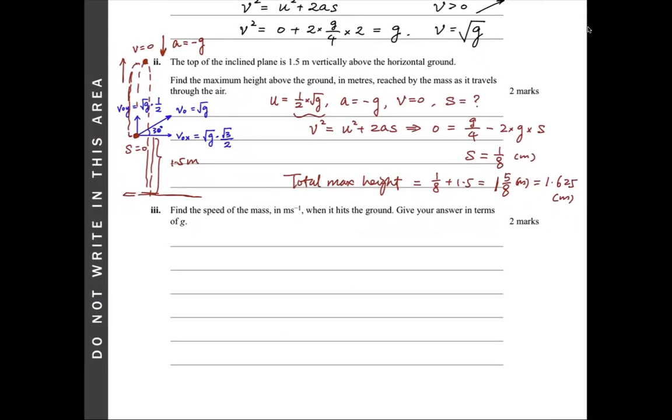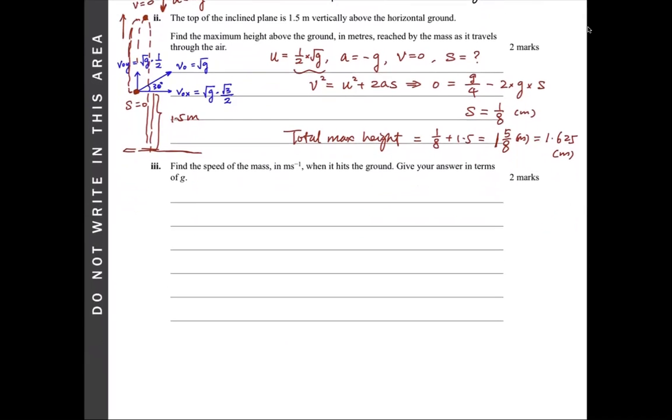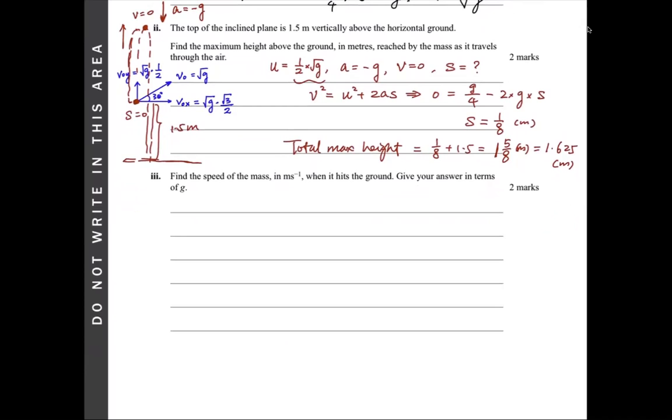All right, find the speed of the mass in meters per second when it hits the ground. So basically, we can use some sort of vector calculus approach, but remember, if we just think about the velocity when it hits the ground, taking the point of release with s equals 0, vertically, we still use the SUVAT formula, okay?